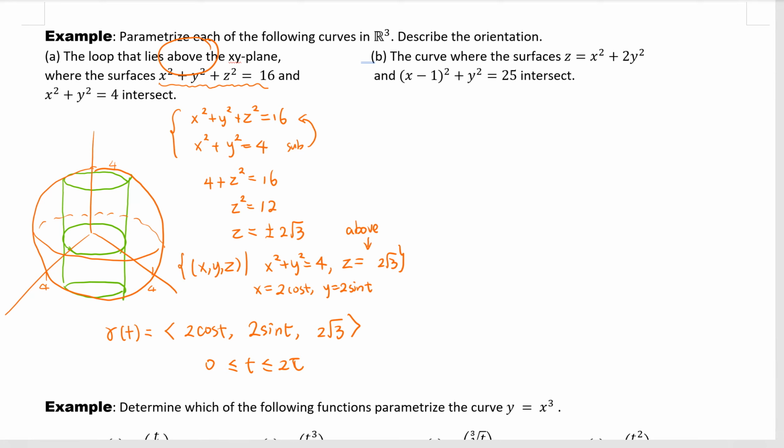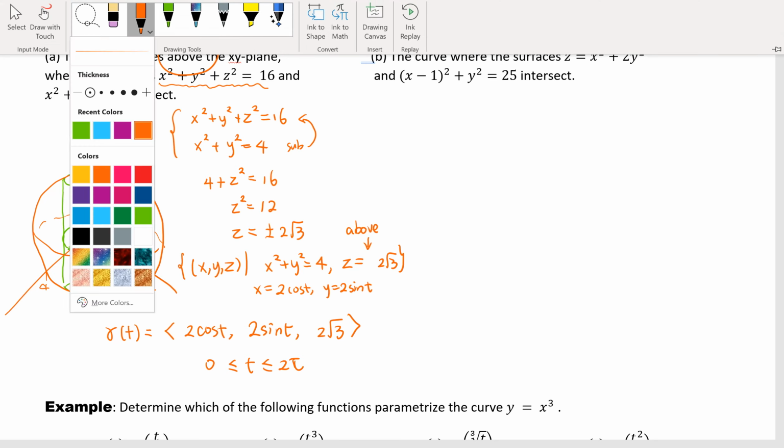Okay, let's continue. The curve where the surface z equals x squared plus 2y squared and (x minus 1) squared plus y squared equals 25 intersect. Okay, let's see what it is. Let me use a different color here. How about pink?